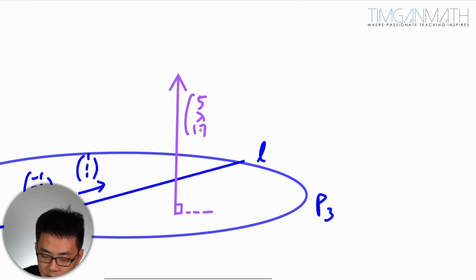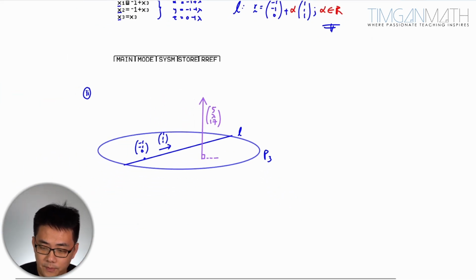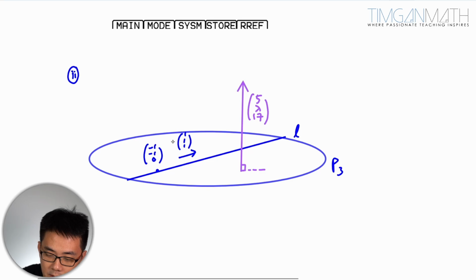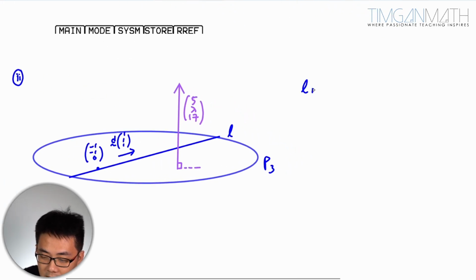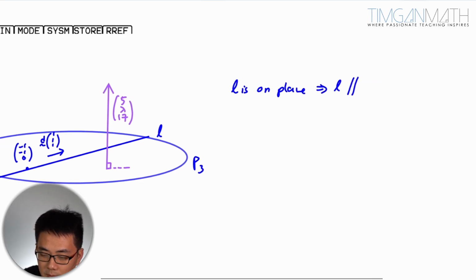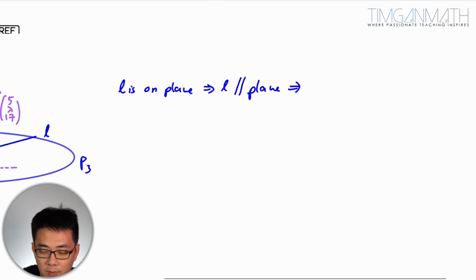Now if the line is on the plane, the first thing you should know is that the line is parallel to the plane. If the line is parallel to the plane, the direction of the line is perpendicular to the normal.